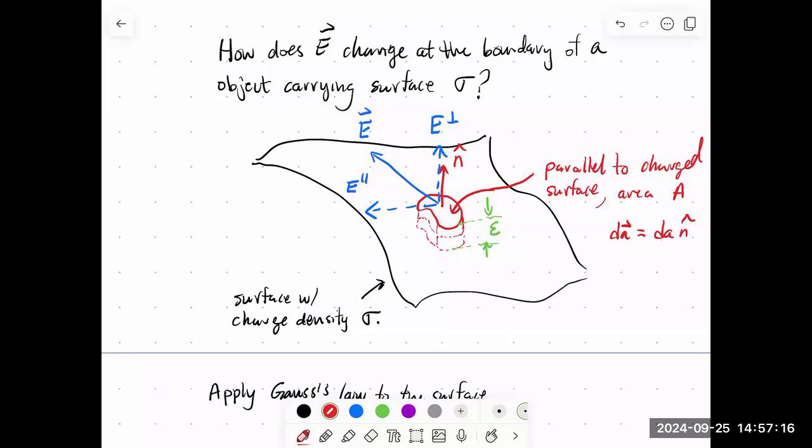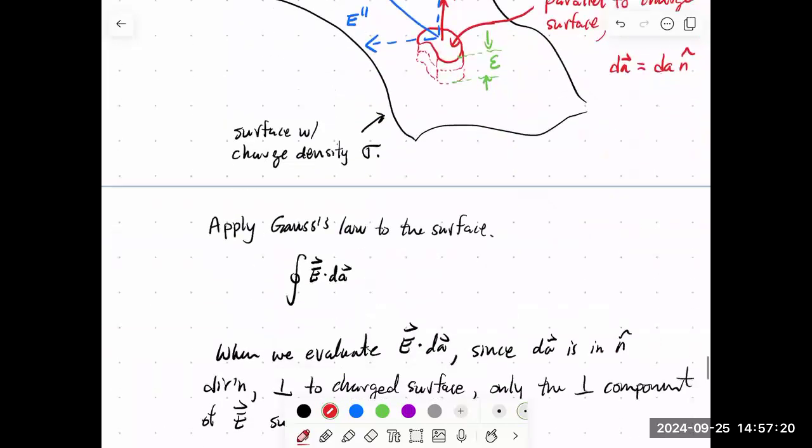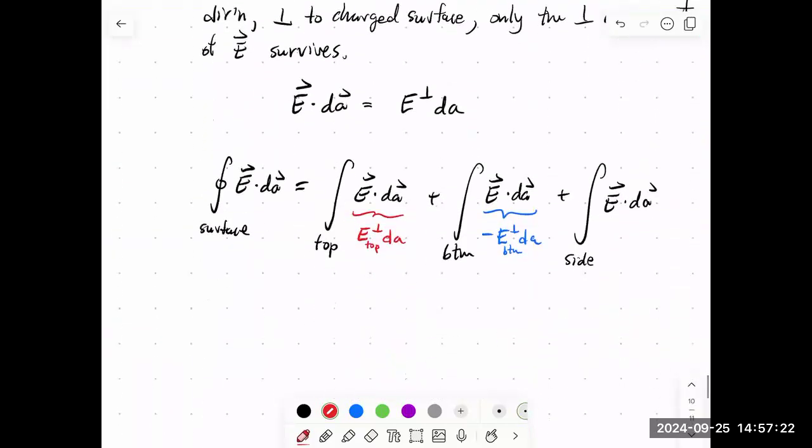So there's no area to this strip. And so the flux through that side surface would be zero. So this one is going to have to be zero in the limit that epsilon goes to zero. And so this is an infinitesimally thin Gaussian surface.